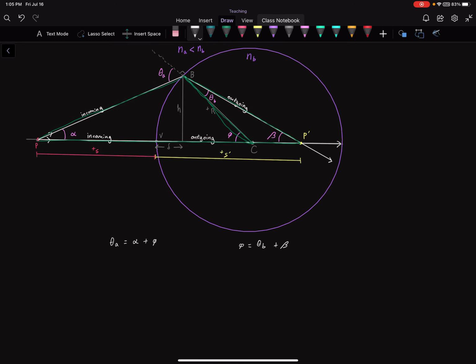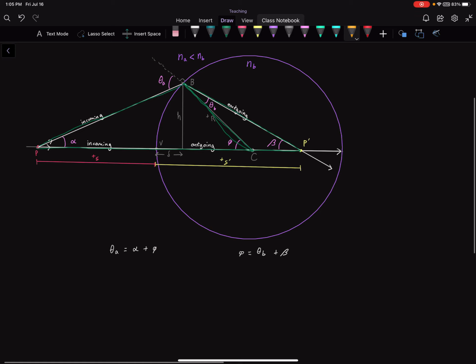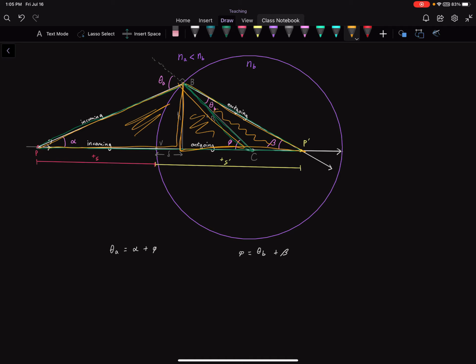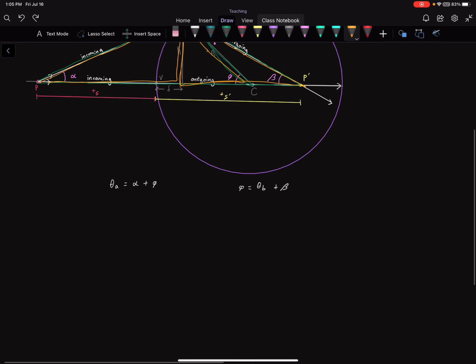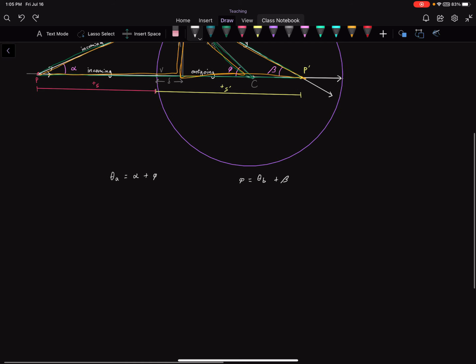So now we're looking at different triangles. We're looking at these right triangles here, and finally this big one, right? So this one, and this one. We can take the tangents of alpha.